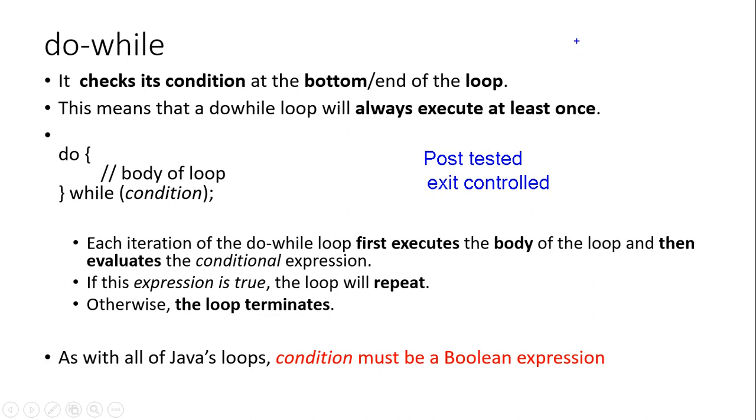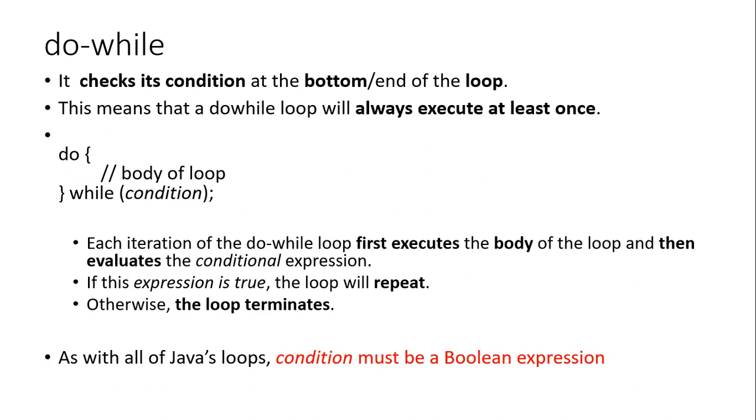What is the difference between exit controlled or post controlled? The condition is tested when the loop wants to exit. So you know very well, you start the loop from here, you start executing all the statements. When it comes for the control to exit out, the condition is tested.